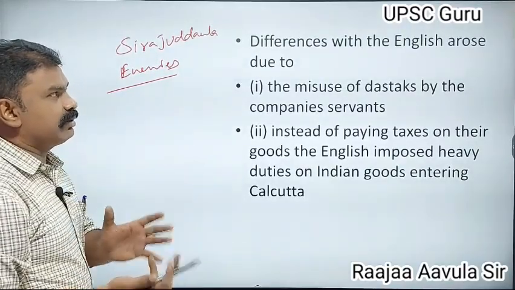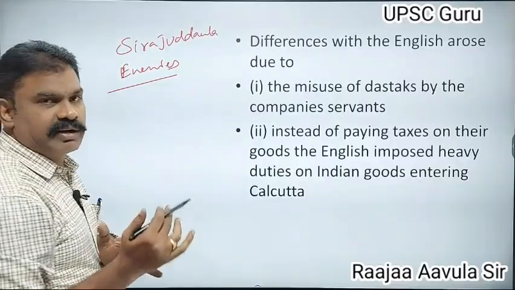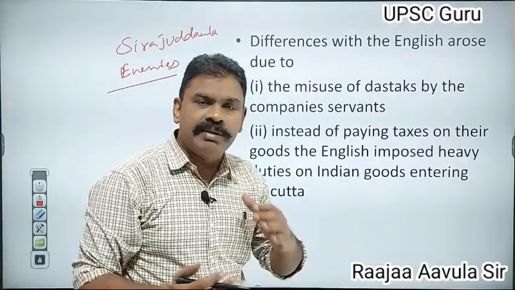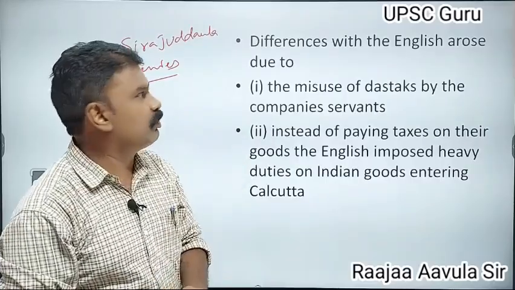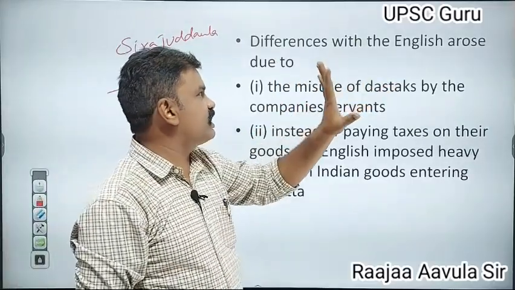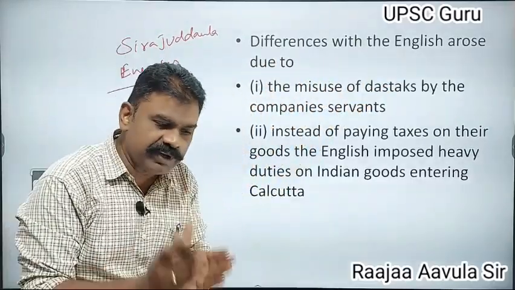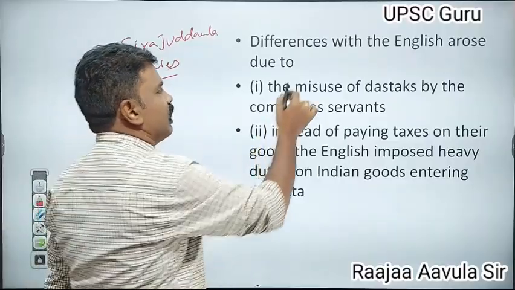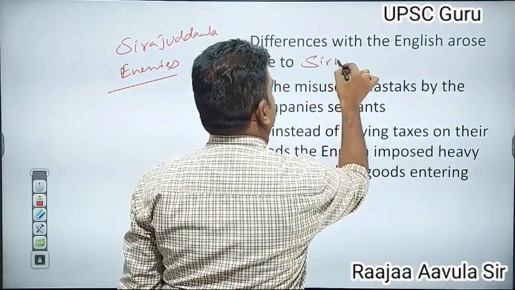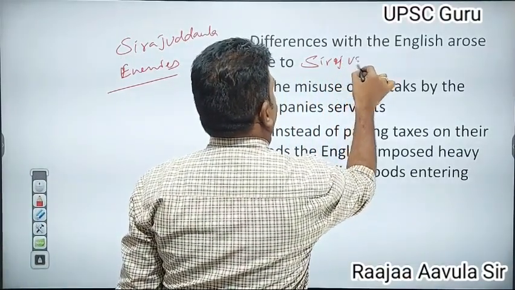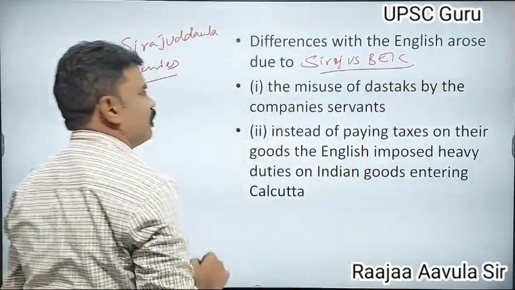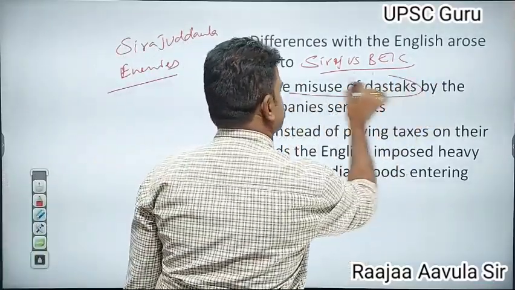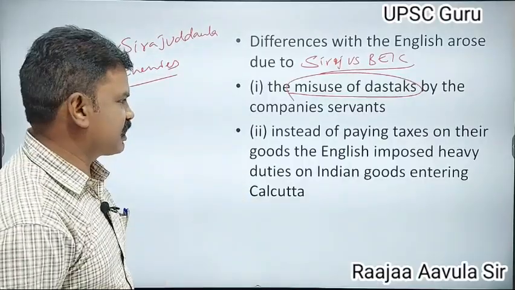And also he had differences and clashes with the British East India Company. Differences arose between Siraj and the British East India Company. What are the causes? Mainly misuse of the dastaks by the company servants.